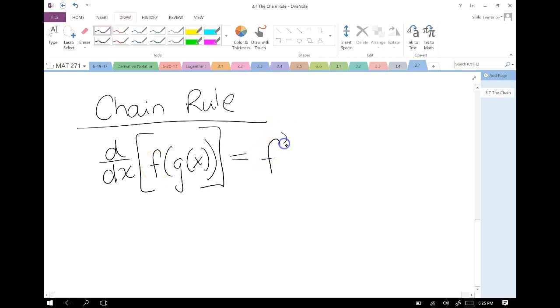So you're going to do f prime, but you're going to leave the inside alone. We're not worried about that right now. Whatever is on the outside, you're going to do whatever the derivative rules are for that, but leave the inside stuff alone. And then we're going to multiply by the derivative of the inside stuff. So right at the beginning, you have to be able to identify that it's a composite function and identify what the inside and the outside are.